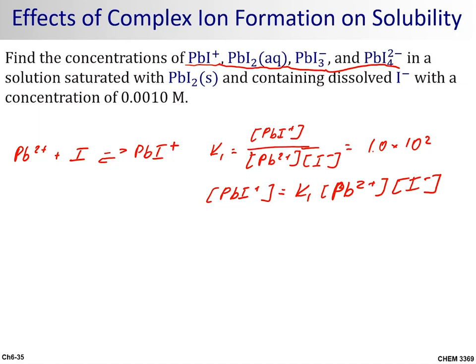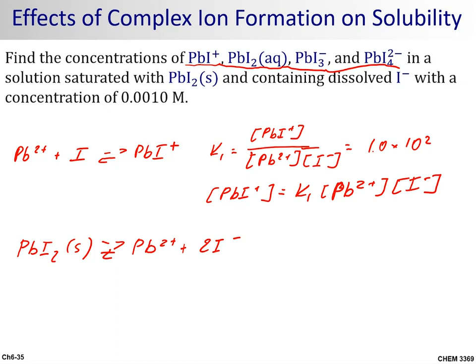But this is a saturated solution of PbI2. So in that solution, the dissociation of the solid PbI2 leads to the formation of Pb2+ and 2 I minus.